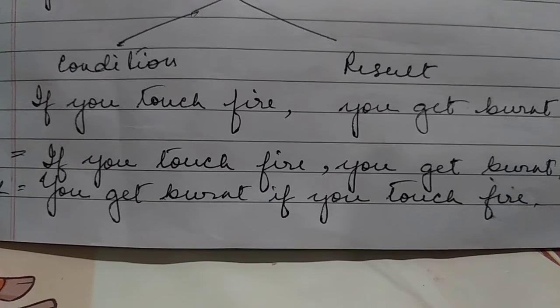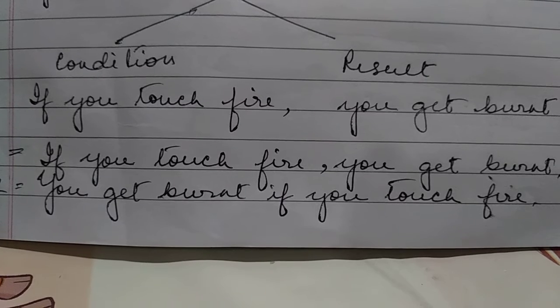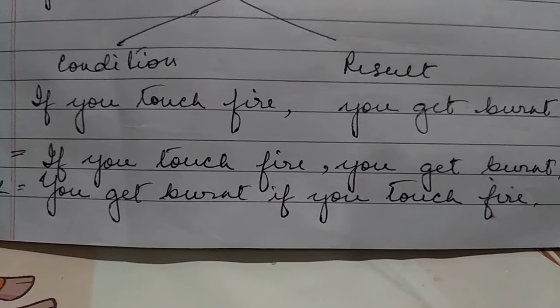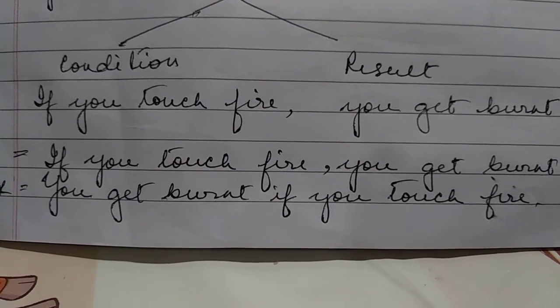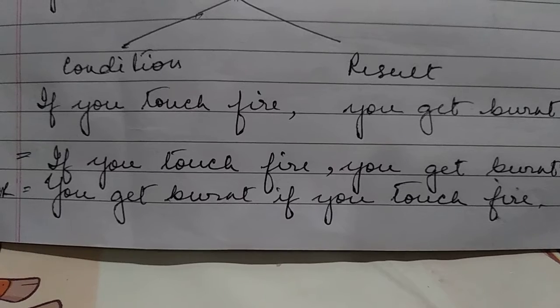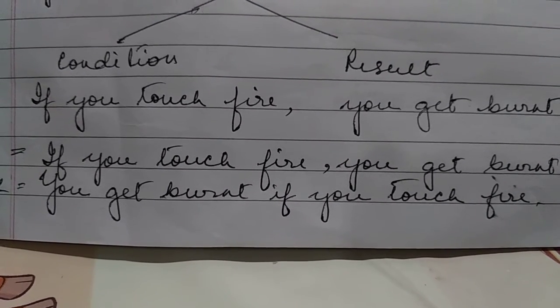So in the first sentence, you notice that there's a comma. When do you have this comma? When you have the if clause in the first part of the sentence. But if you have the if clause in the second part of the sentence, you do away with the comma.